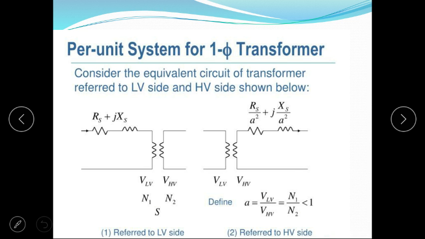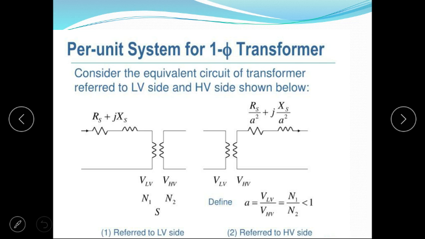Per unit system for single phase transformer. We know that a single phase transformer consists of two windings, one is LV and second is HV. So impedance of LV winding in per unit is equal to impedance of HV winding in per unit. Both are equal.